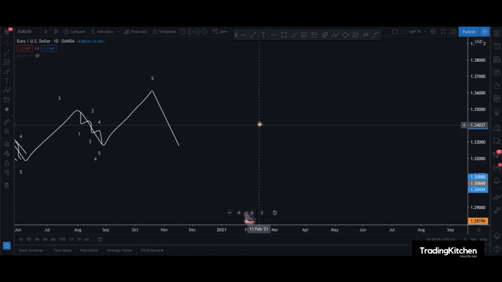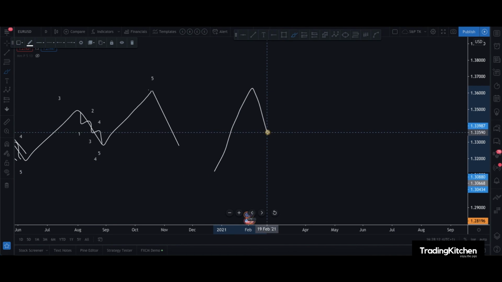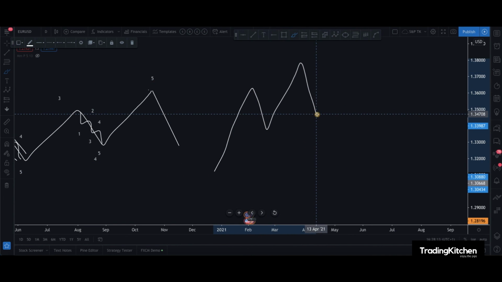Another thing you need to know, same pattern. So impulse up, channel up.